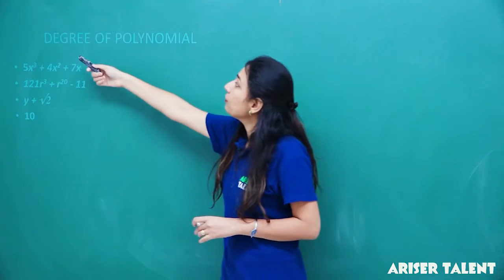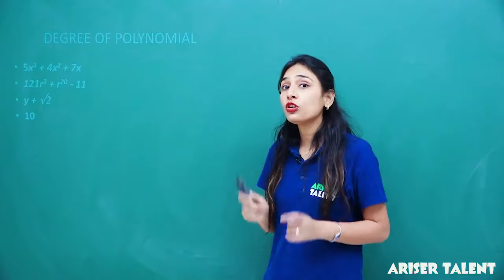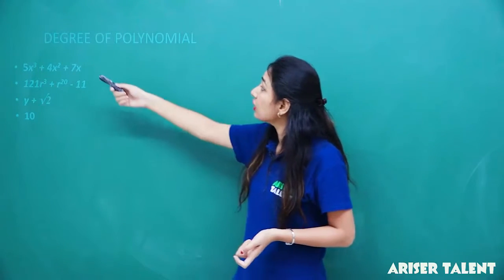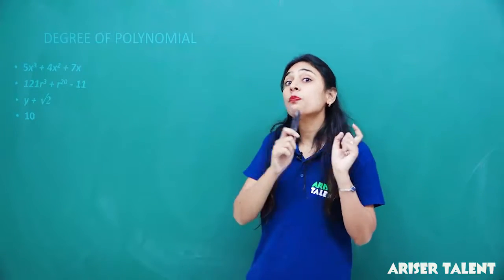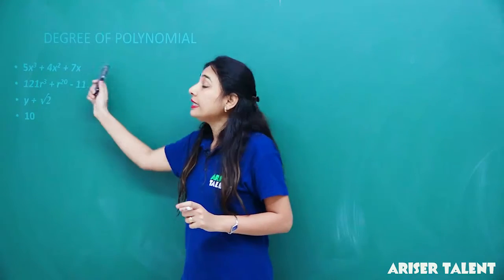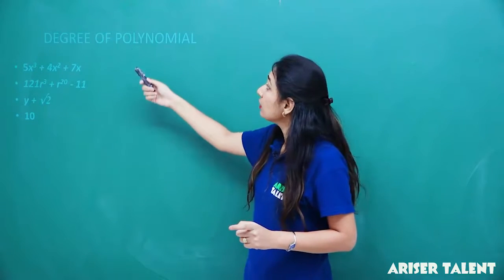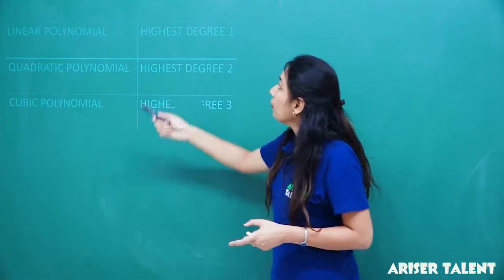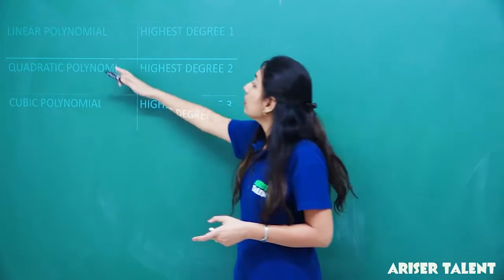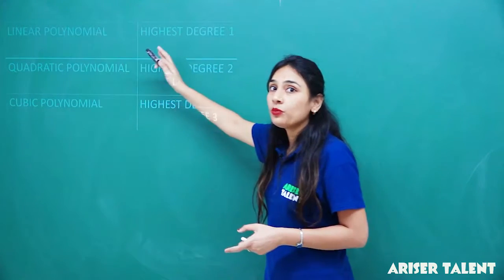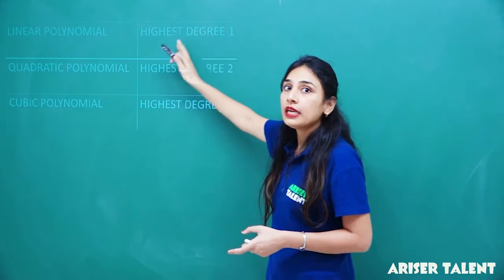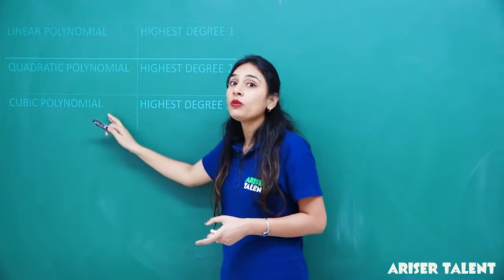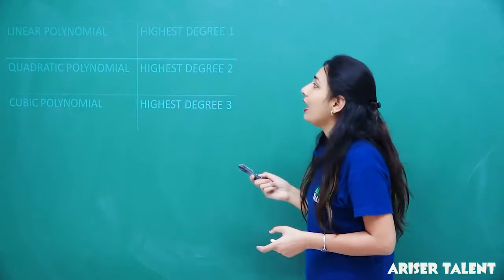Then we found the degree of a polynomial, which was what? The highest power of the polynomial expression was termed the degree of the polynomial. Then we divided this into 3 categories: linear polynomial, when the highest degree is 1, quadratic polynomial when the highest degree is 2, then cubic polynomial when the highest degree is 3.